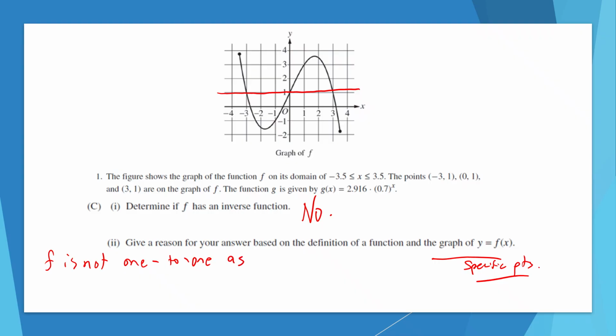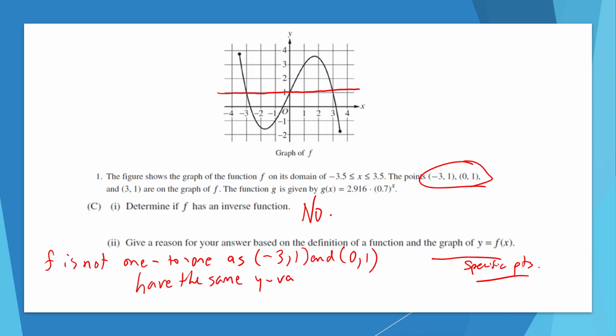And then as I want 2 points that break the horizontal line test, I don't want to mention the horizontal line test. So I would say, let's go with the integer coordinates, right? -3, 1 and 0, 1 have the same y value. That would be perfect there.